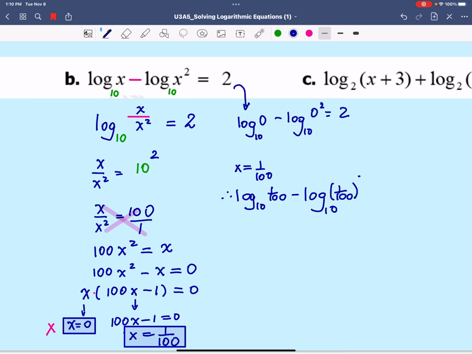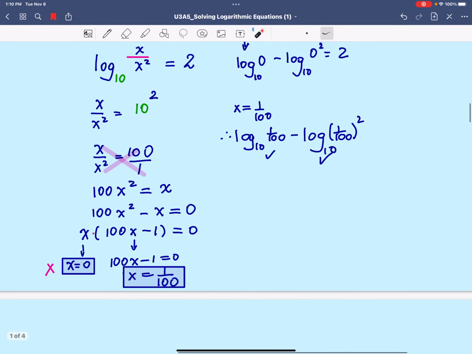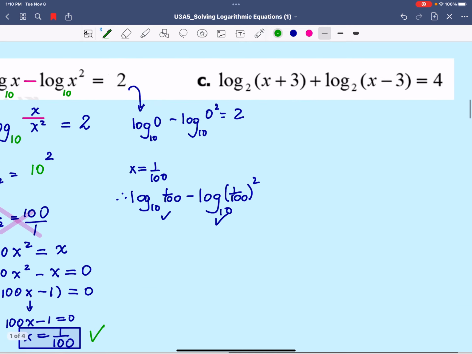And again, this is a number that is positive in value, greater than 0. So both terms exist when x equals 1 over 100, so we're going to say that they're both acceptable solutions. The 1 over 100 will work for both terms, which gives the solution 1 over 100 a yes. So that would be the only answer in this case.